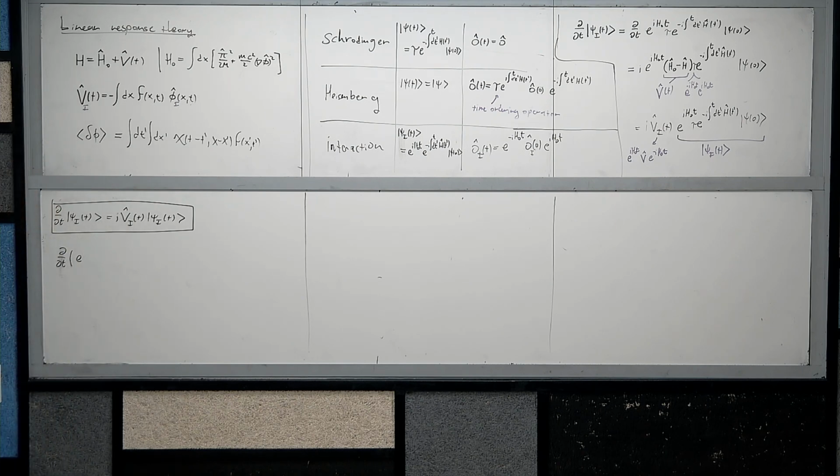Psi is not. This has nothing to do with eigenstates. But if I multiply by i and h bar, it's an eigenstate of the Hamiltonian. First of all, which Hamiltonian? A Hamiltonian, which is V_I.